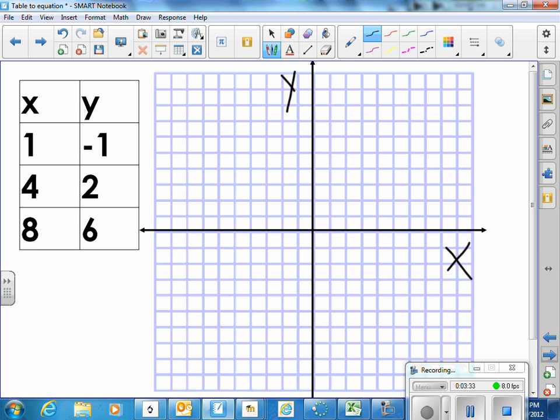Let's do another one. Oh, we'll have each square be 1. And over 1, down 1. So that point right there. Over 4, up 2. Over 8, up 6.